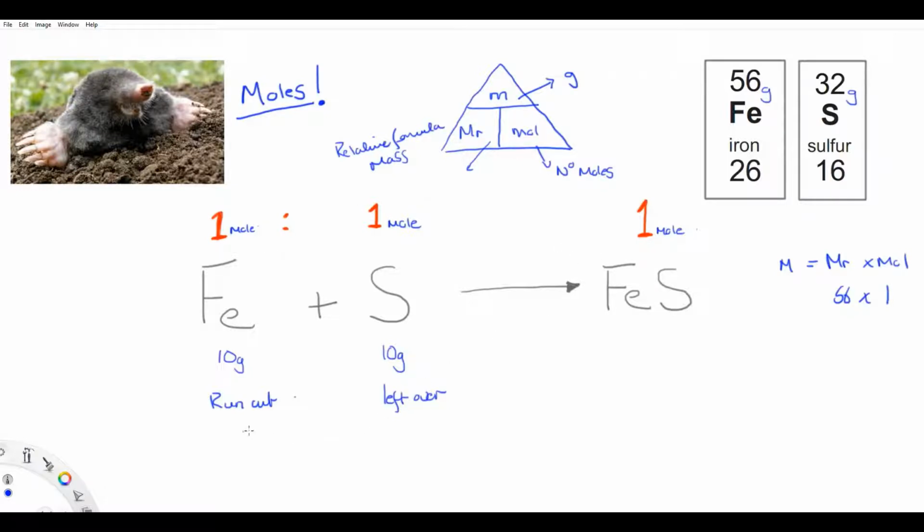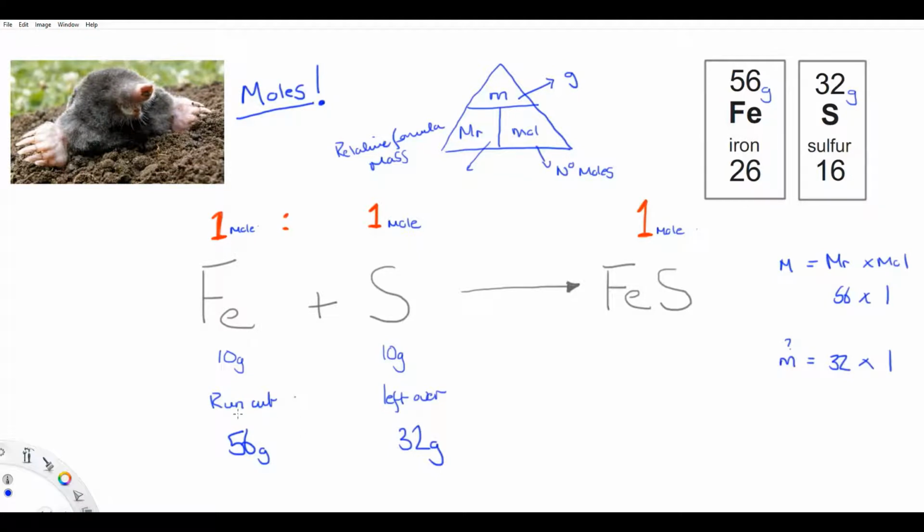So therefore, I would weigh out 56 grams, and then do exactly the same for sulfur. How much do I need? Well, the mass that I need is its MR times the moles. So the MR of sulfur is 32. And again, I need 1 mole because it's a 1-to-1 ratio. That means I would need to weigh out 32 grams.